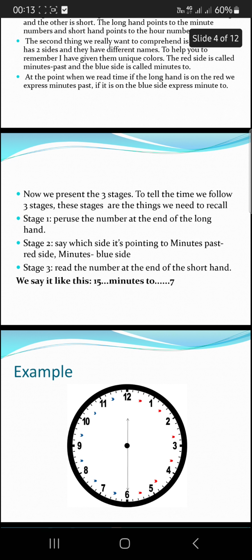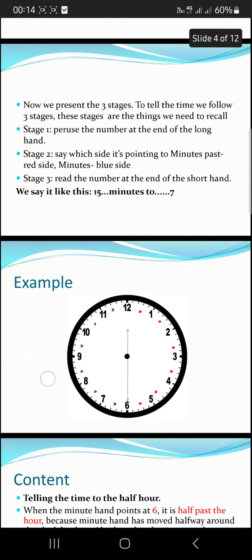Then on stage 2, say which side it's pointing to: minutes past, red side, minutes to, blue side. Stage 3, read the number at the end of the short hand. We say it like this, 15 minutes to 7. This is the example.